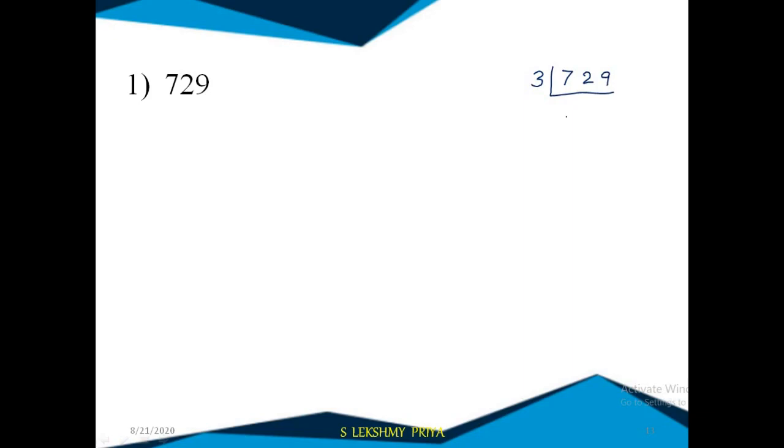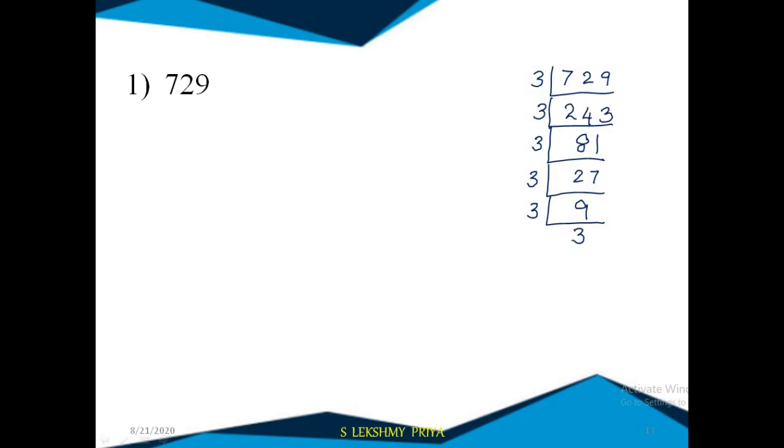Correct. When we divide 729 by 3, it will be 243. Again, I can take the number 3. Then the answer will be 81. Let me take 3 again. It will be 27. 27 is again a multiple of 3. So I am doing it again by 3. 9. 9 is clearly divisible by 3.